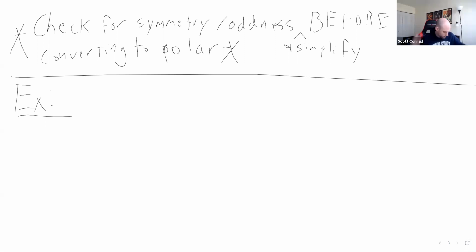So for example, suppose this is our D. So it's the right half of the disk, x squared plus y squared less than or equal to 1.